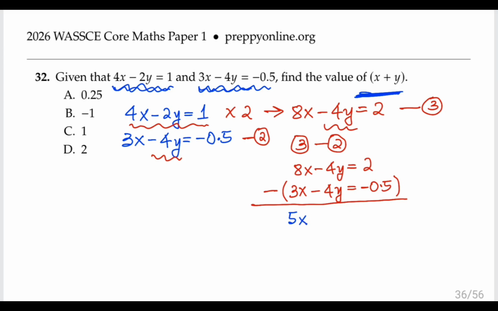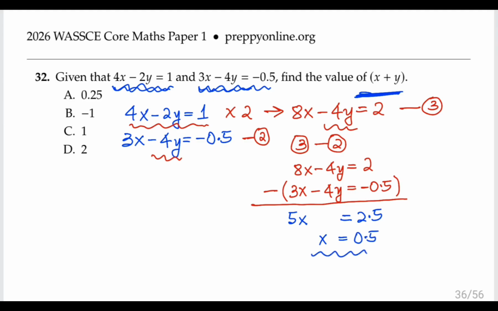So we have 5x here. Minus 4y minus minus 4y gives us 0. And then we have 2 minus minus 0.5, that gives us 2 plus 0.5, so 2.5. If 5x equals 2.5, then we can find x. x is 0.5.